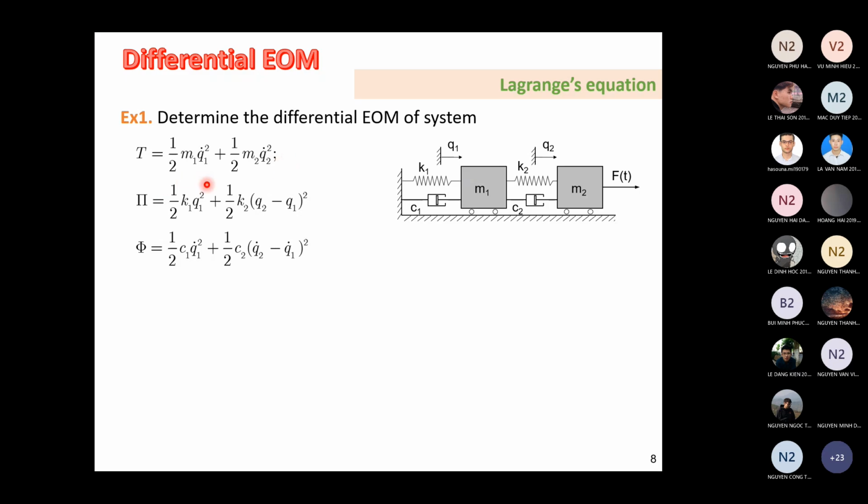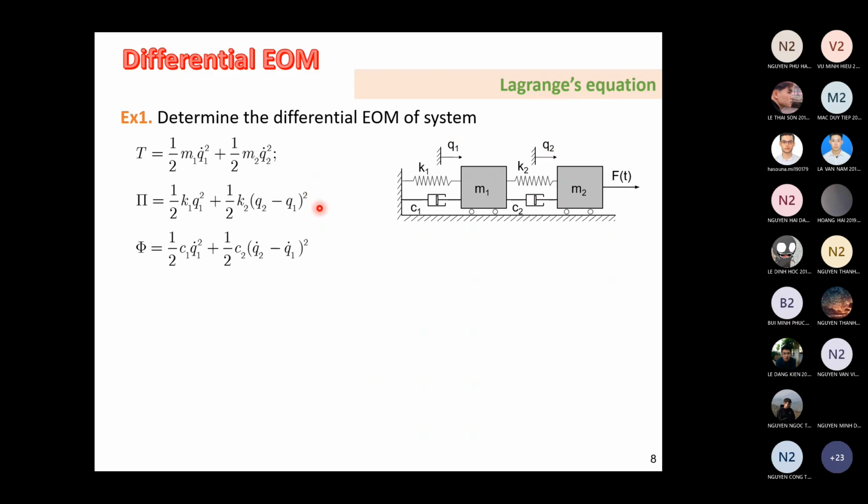Okay, and this is the potential energy for the second spring. For the second spring, when the first body M1 moves to the right with Q1, it means that the displacement of the spring here is Q2 minus Q1.